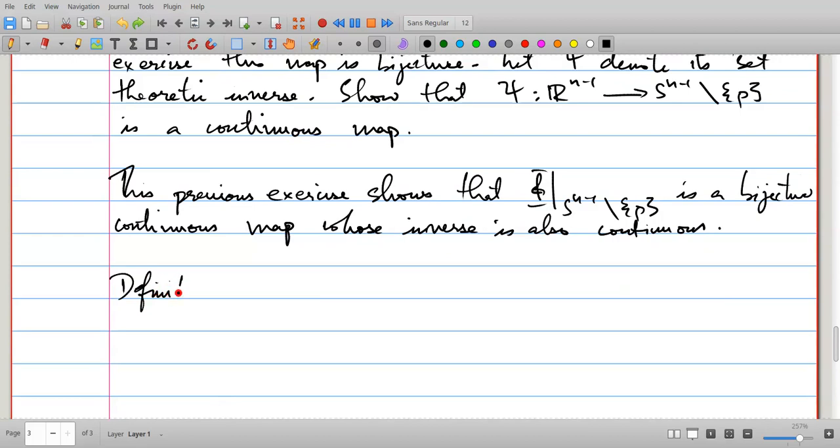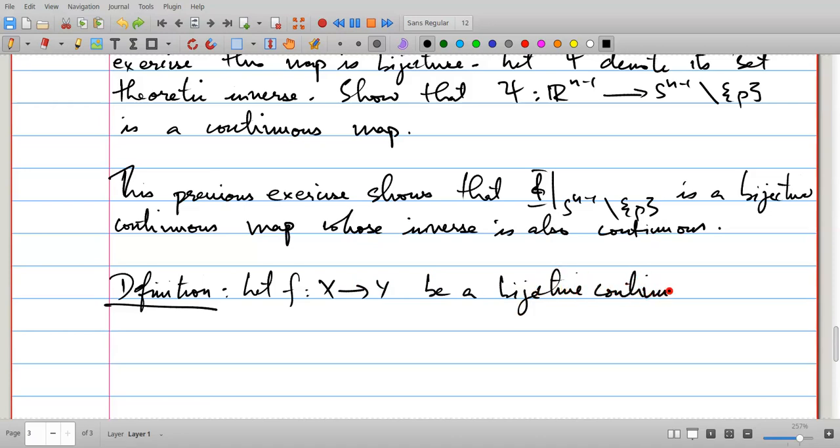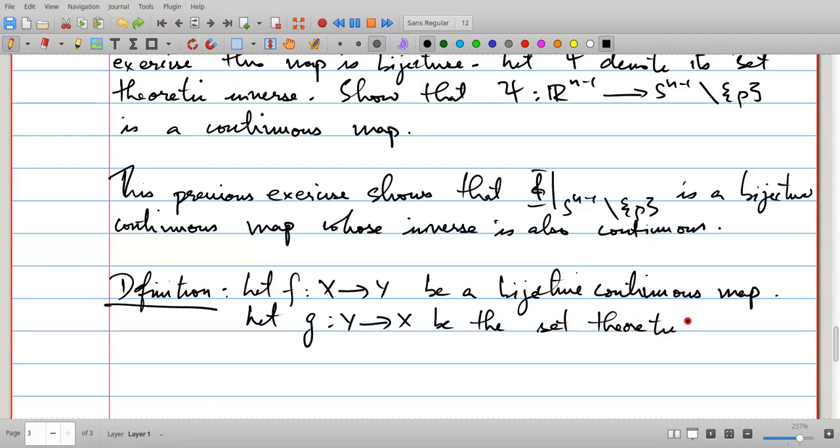So, definition: let f from X to Y be a bijective continuous map, and let g from Y to X be the set theoretic inverse of f.